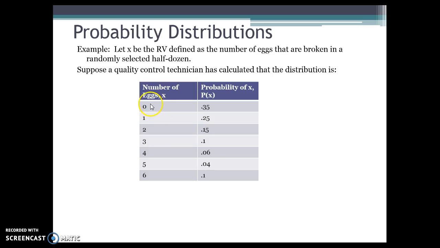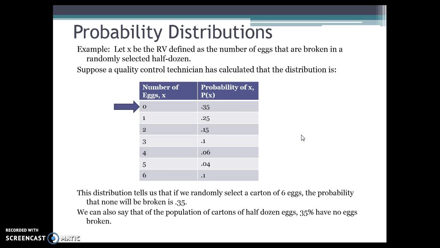So somebody has figured out that 0 eggs are broken 35% of the time. 1 egg out of the 6 is broken 25% of the time, etc. So if we randomly select a carton of 6 eggs, the probability that none will be broken is 0.35. That's equivalent to saying that of the population of half dozen egg cartons, 35% have no eggs broken.